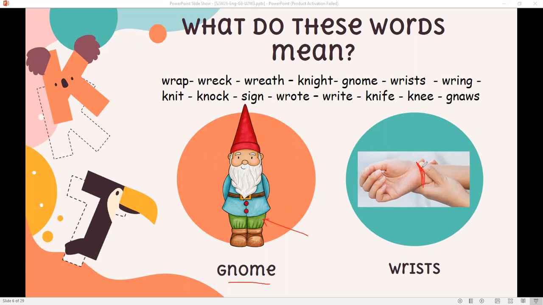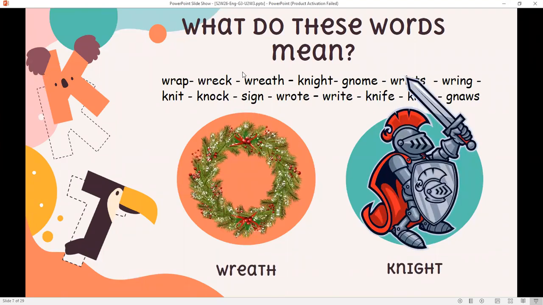You can wear a bracelet on your wrist. Next, I have wreath. Wreath. So a wreath is some kind of decoration, Christmas decoration that people hang on doors.